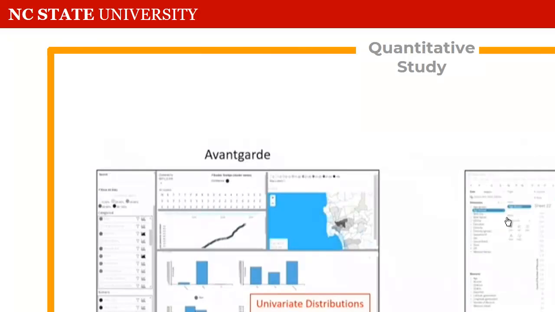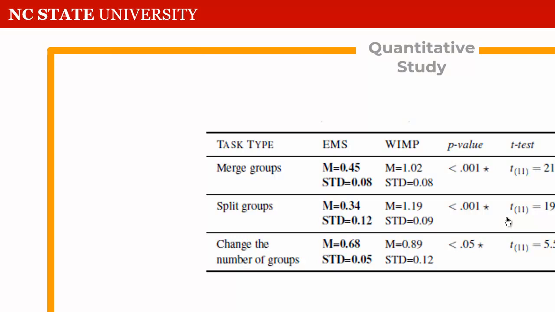For the quantitative study, they wanted users to compare the avant-garde tool, which is using the EMS technique, and Tableau Public, which is a widget-based tool. The result of the quantitative study showed that users were faster on average with the EMS model. So EMS is faster than widget-based models.